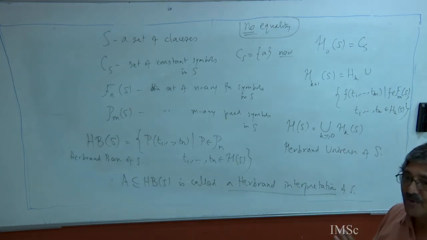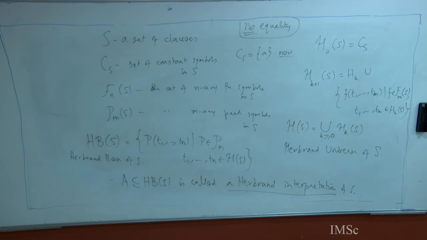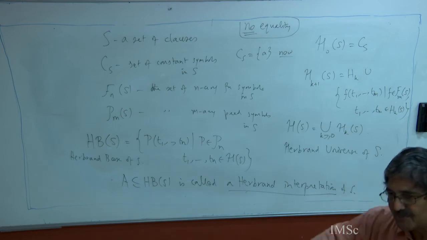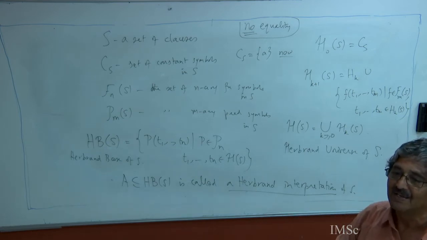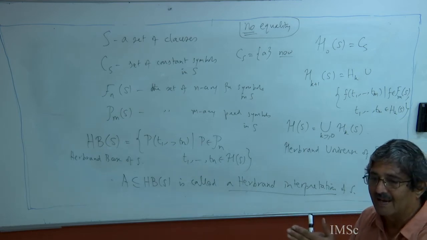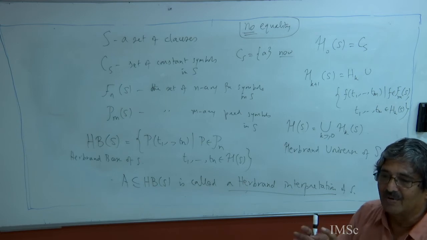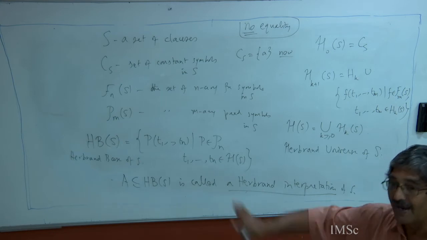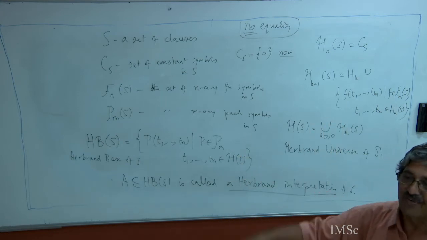Now the way theorem provers actually work is, when you start with a formula that contains equality, you push negations all the way inside. So you have equality and inequality, T1 equals T2, T1 not equals T2, both will occur as atomic formulas. Propagate them inside and rewrite the formula.